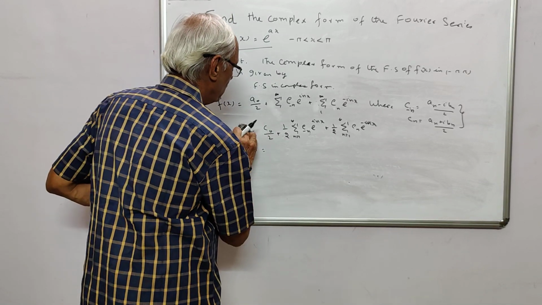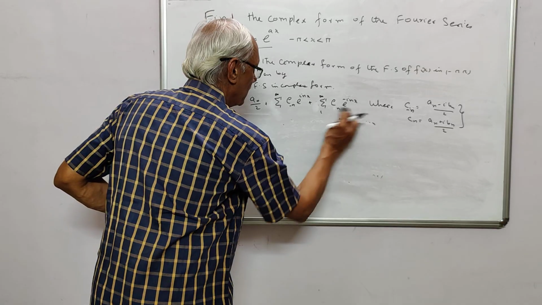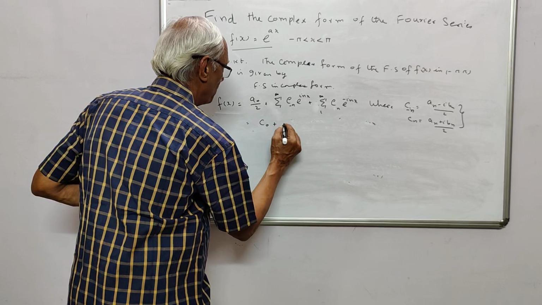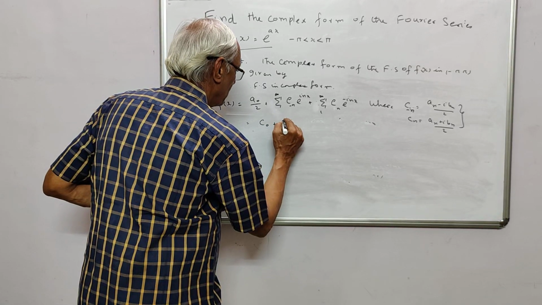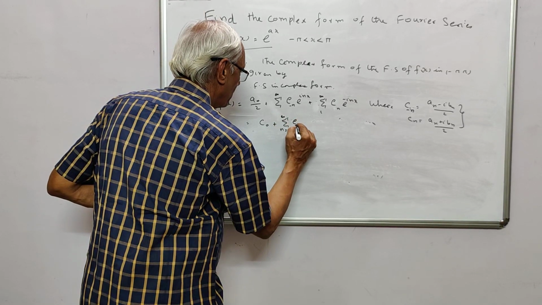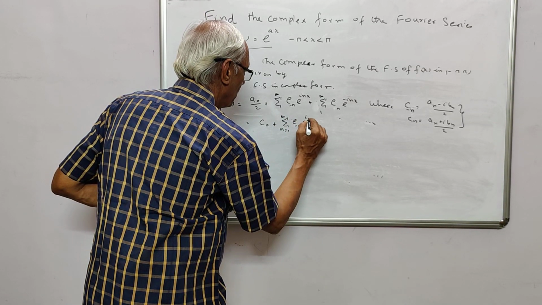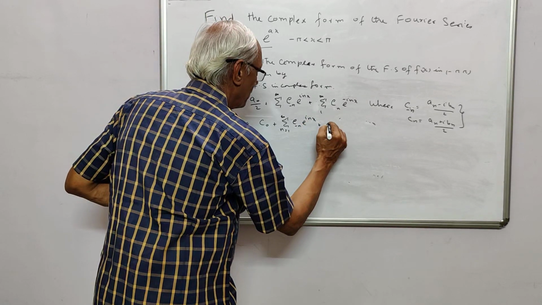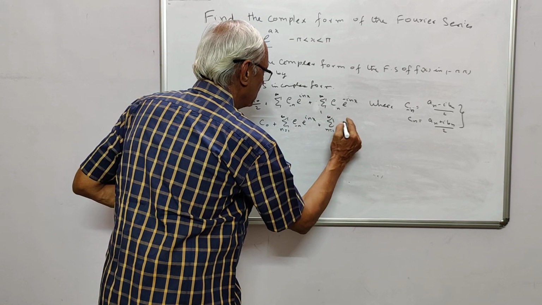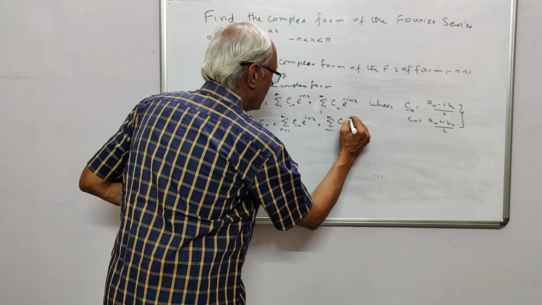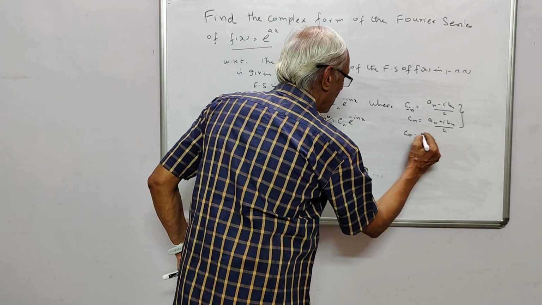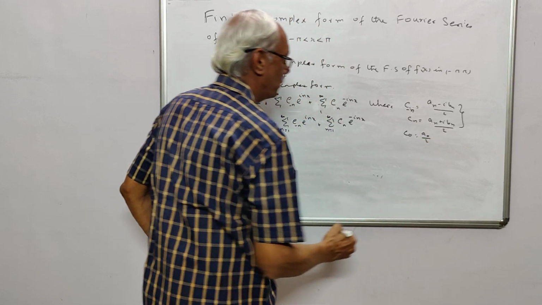And this one, C naught, I will write it here. C naught plus this, I'll write it like this. So this is what I get.